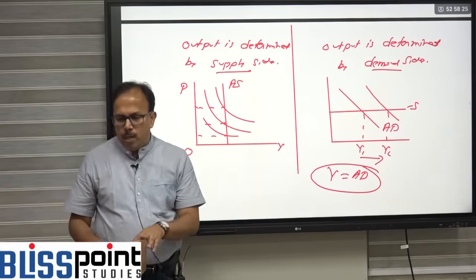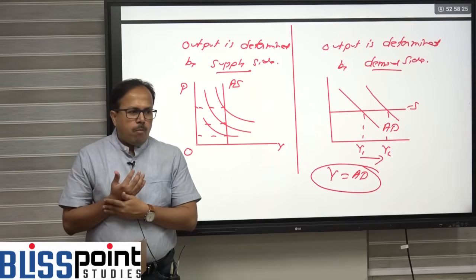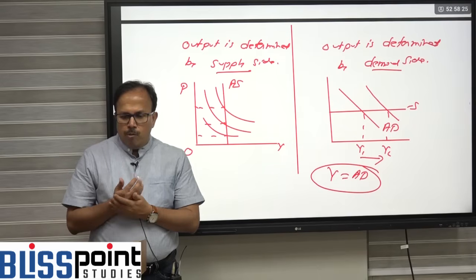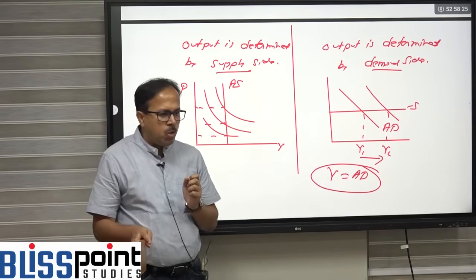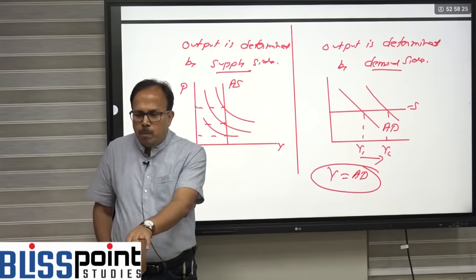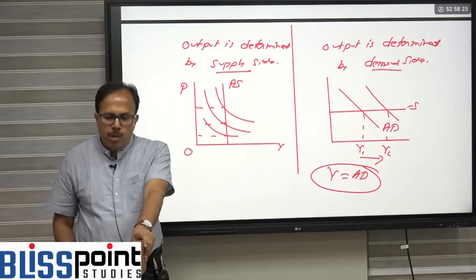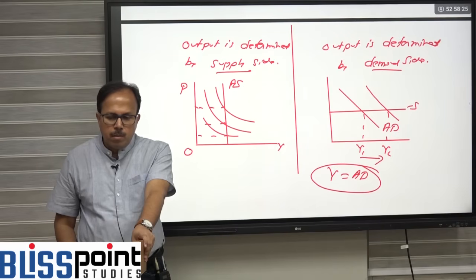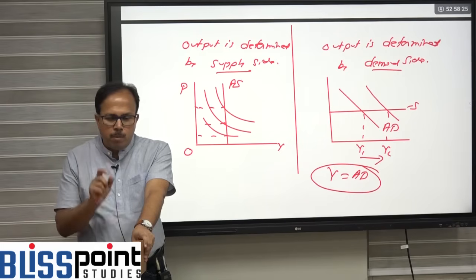Classical economists assume that money is demanded only for transaction purpose. Underline that.